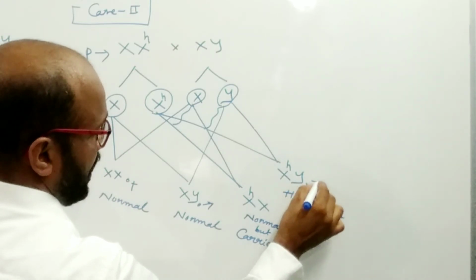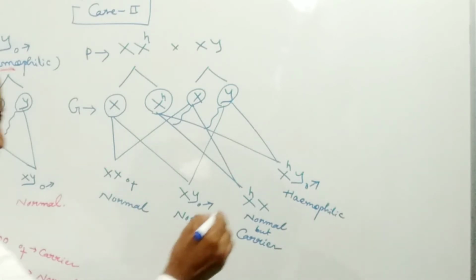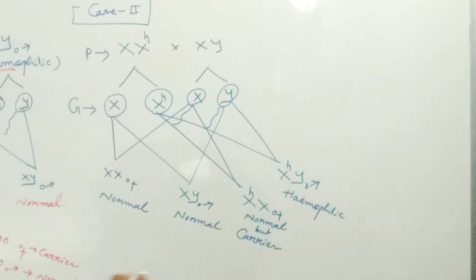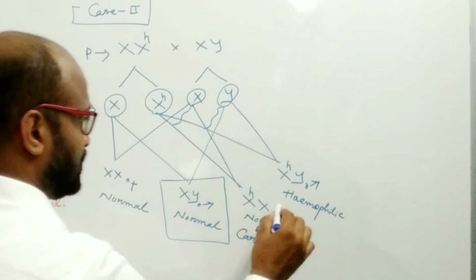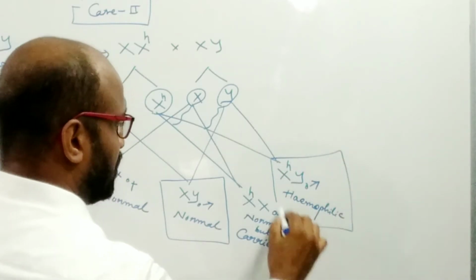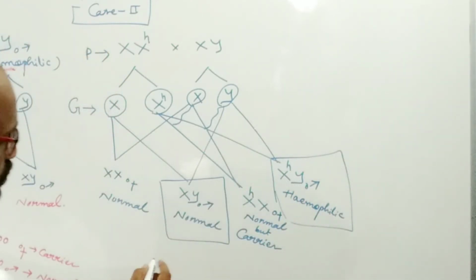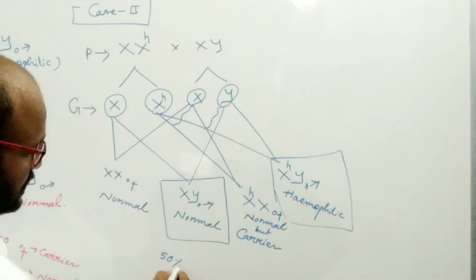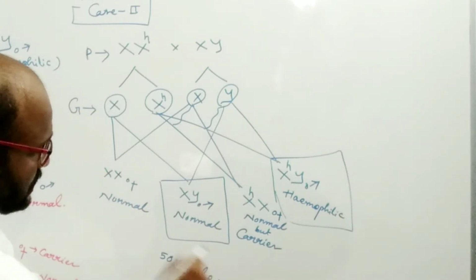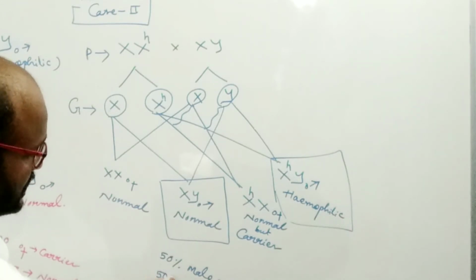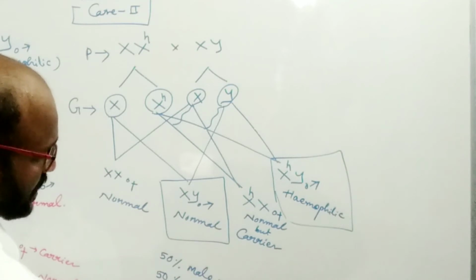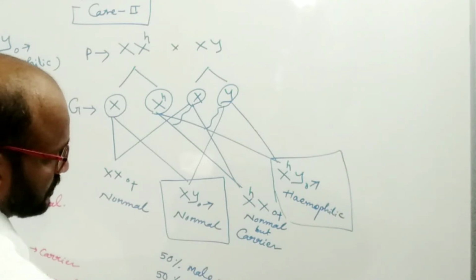This is the male individual and this is the female individual. So out of two male individuals, 50% of males become normal and 50% of males become hemophilic.